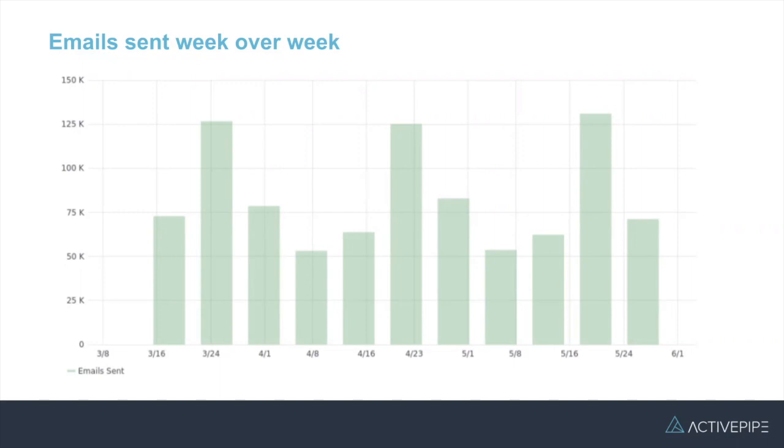So our idea here is to create that FOMO effect. Utilize that top performer as your champion of ActivePipe, and your CSM can help provide a monthly report of emails sent week over week from your team so that you can get them even more excited.